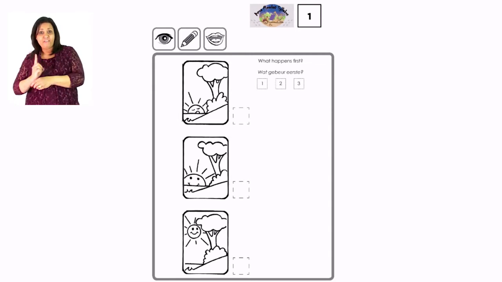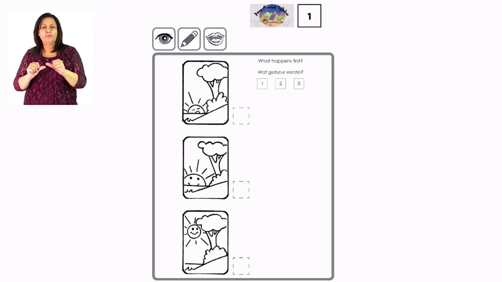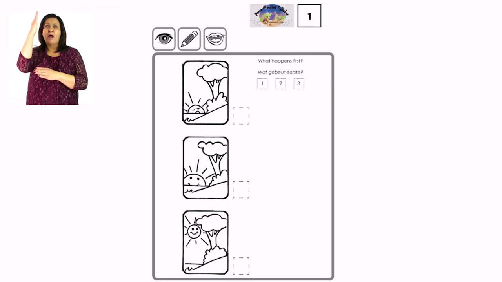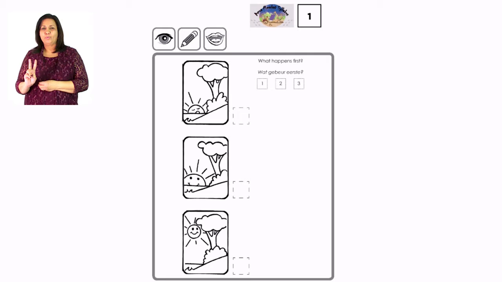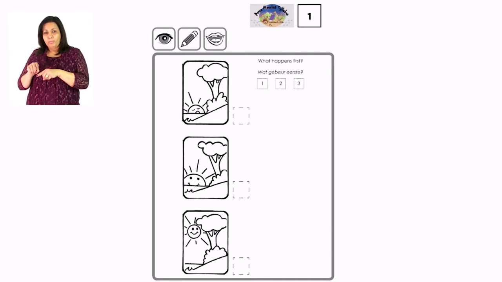Now let's move on. Once the sun is rising, what happens next? It goes high up in the sky. So that picture is right at the bottom of the page. That is our second picture. That is what happens next. So we have to write number 2 in the box at the bottom.